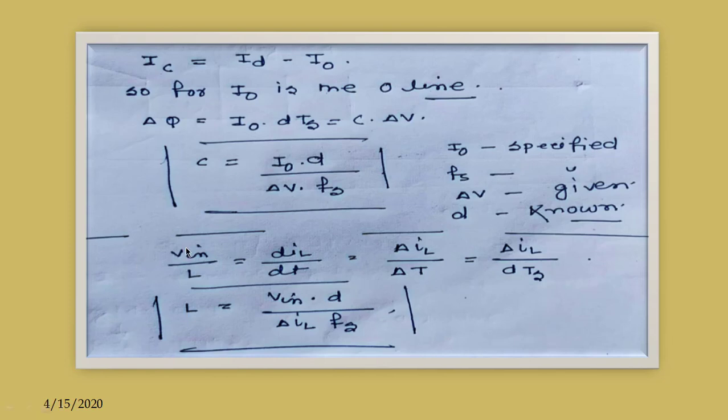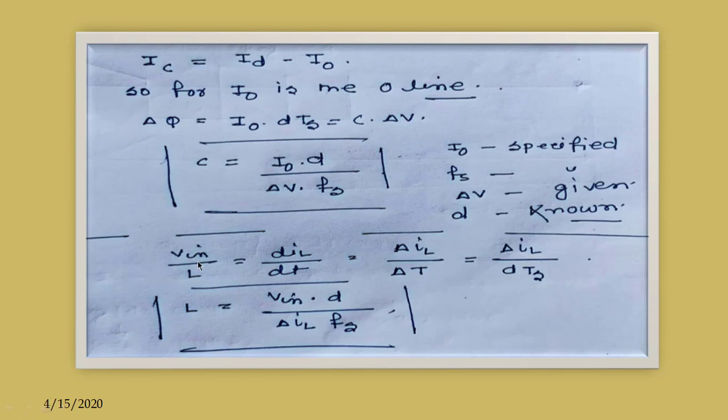So again we know V in by L equals del IL by del T, because we know V equals L di dt. So del T equals DTS, because we have taken here the rising slope, and we have mentioned rising slope is V in by L. We can here also take the falling slope. In that case del T will become 1 minus D into TS.